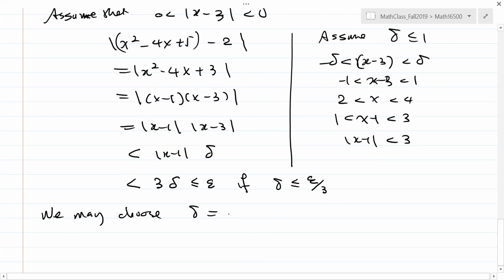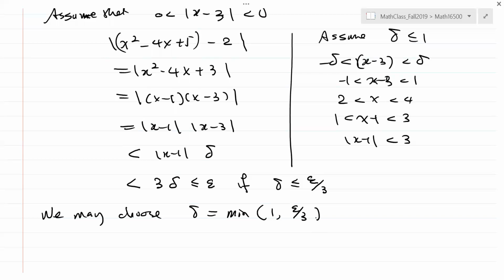delta to be the minimum value of 1 and epsilon over 3, okay? This means the minimum value of one of these two. Any number which is less than or equal to 1 or epsilon over 3 is fine, any positive number.